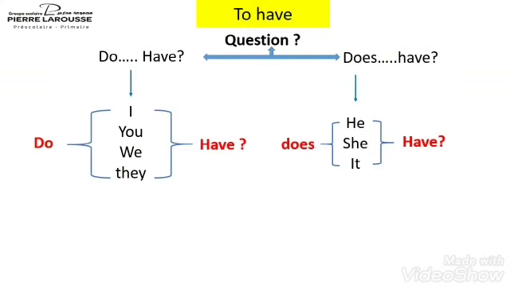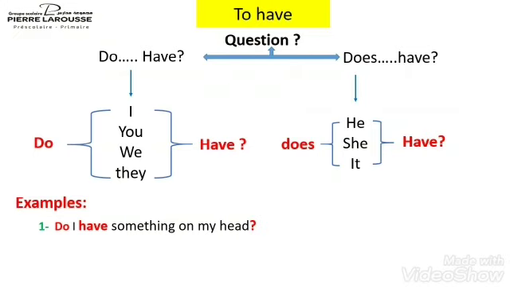So the verb do is just a helping verb here, which helps us to ask a question. So does he have, does she have, and does it have? For example, does your sister have a car? So I'm asking you, or does she, does he? So we never say do she. So does. Let's see some examples.